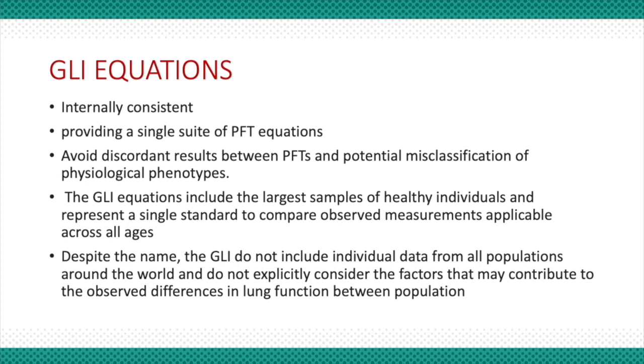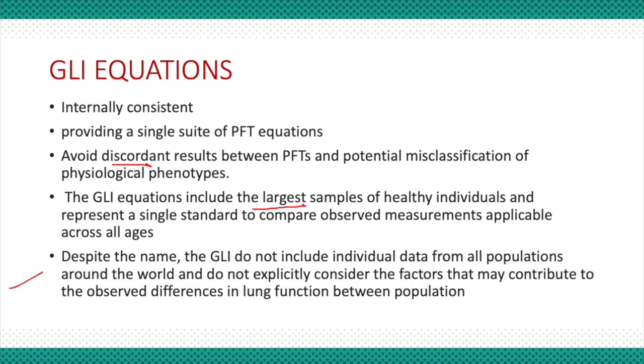They took over 160,000 data points and used 33 countries who shared their data with the European Respiratory Society, and from that data these equations were produced. So it was mentioned that these would be consistent and one single suite of PFT equations which will avoid any discordance, and it will include the largest samples of healthy individuals.